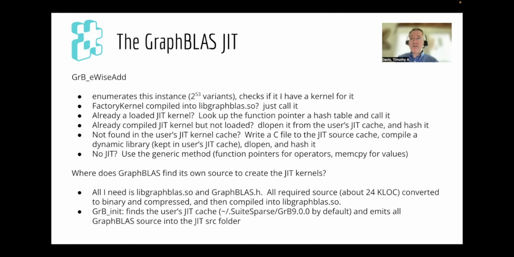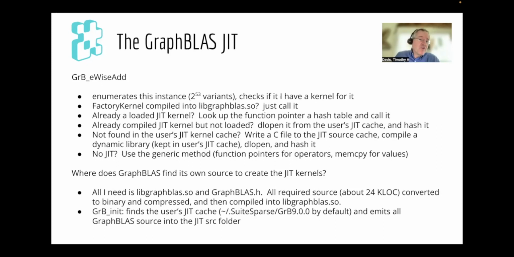Let me look for the JIT kernel. Maybe I've already compiled it and loaded it in. You're just using it again, the same instance. That's very fast. I just have to look at that instance, look this function pointer up in a hash table, call it. Now that function pointer is not the function pointer to the operator. It's a function pointer to the JIT kernel that I compiled for eWiseAdd for that variation with that operator.